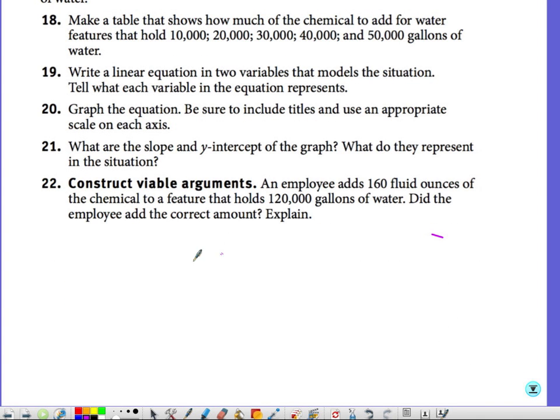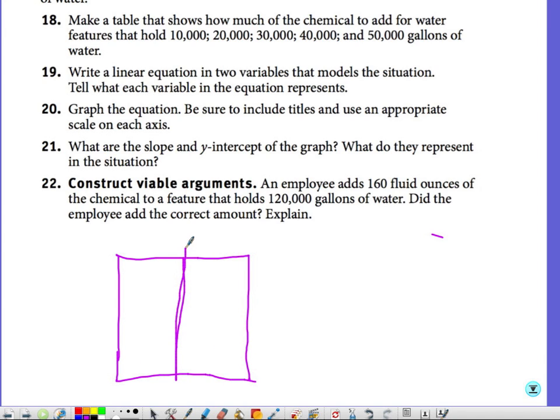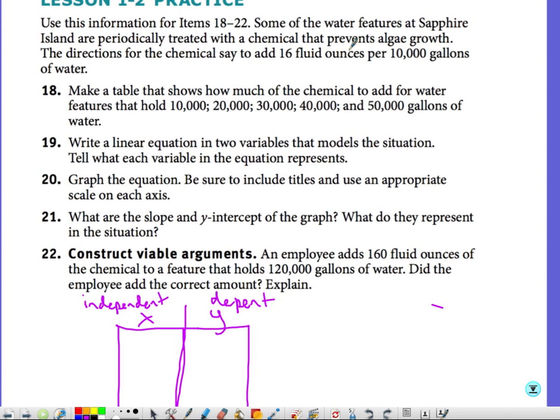Now, when you're making your table for question number 18, pay careful attention to what your x and y are going to be. So remember, x is your independent and y is your dependent. So what are our two variables here? One variable is going to be the fluid ounces.